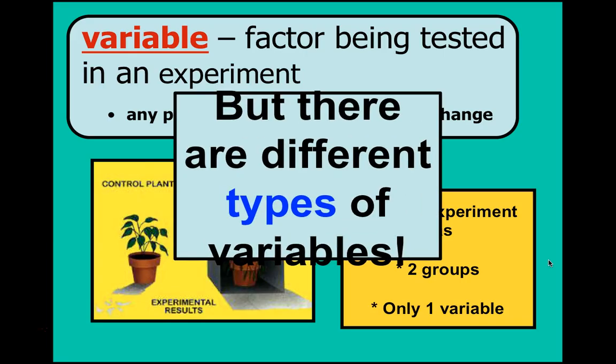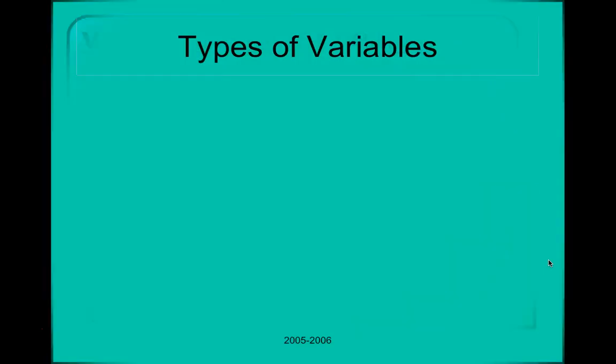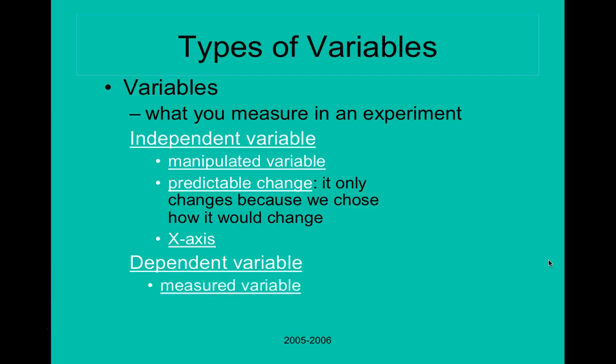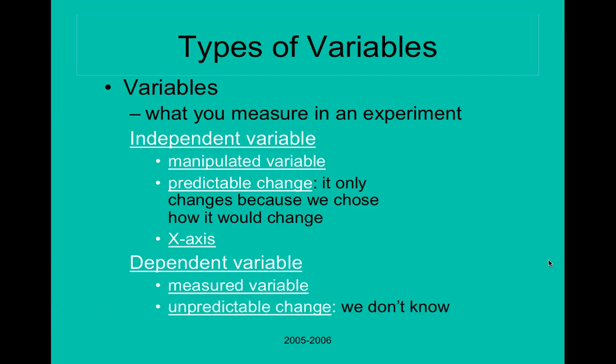But of course, there are two types of variables, which we're going to get into right now. We have independent and dependent variables. Our independent variable is going to be the variable that we are going to manipulate on purpose. We are changing the independent variable.